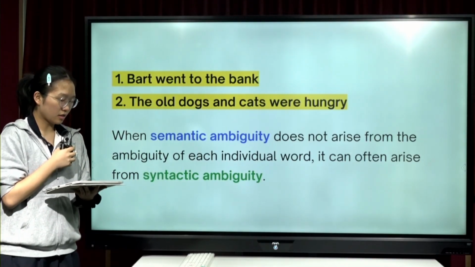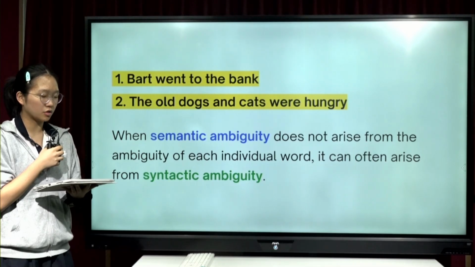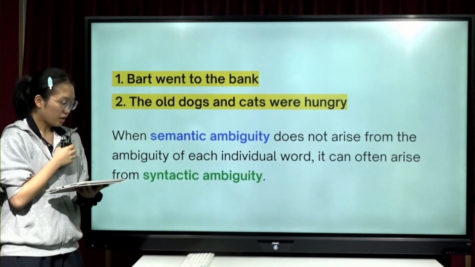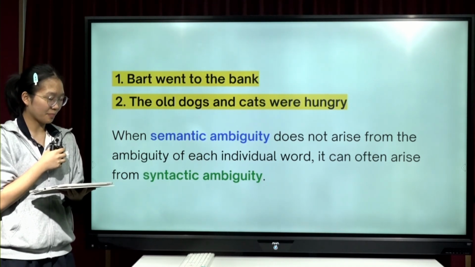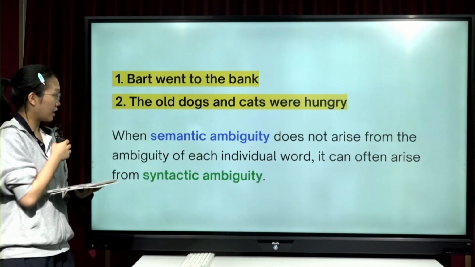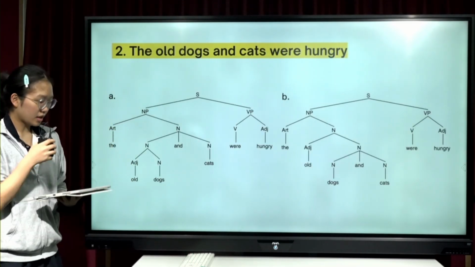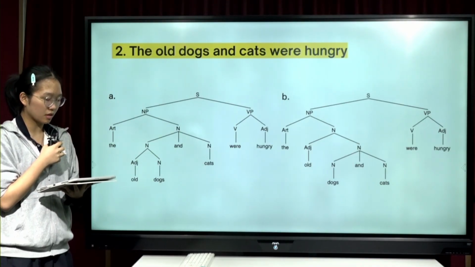He has suggested that when semantic ambiguity does not arise from the ambiguity of each individual word, as in sentence 1, it can often arise from syntactic ambiguity. It can be shown by sentence 2. As you can see, sentence 2 has no ambiguity semantically.